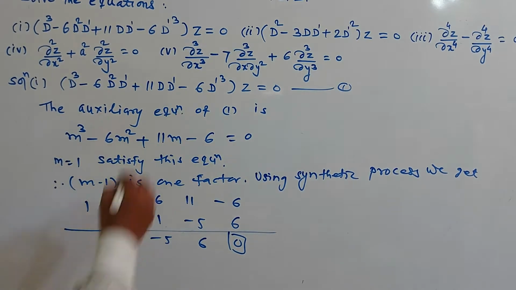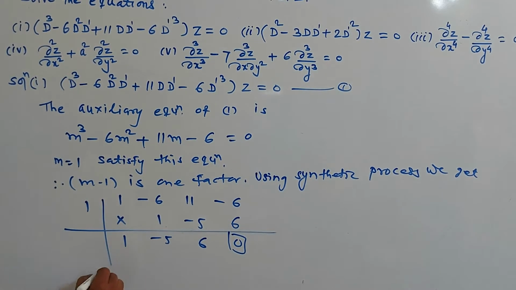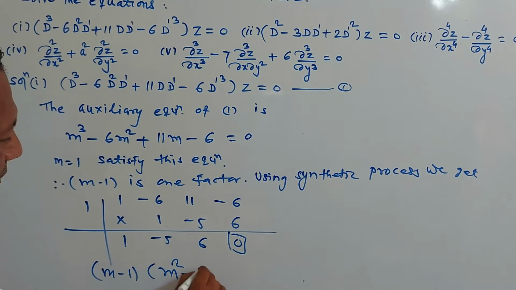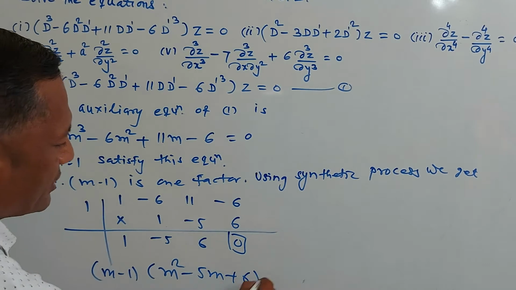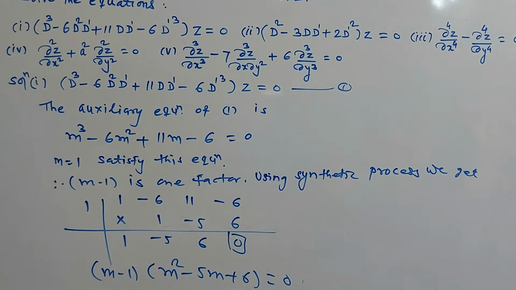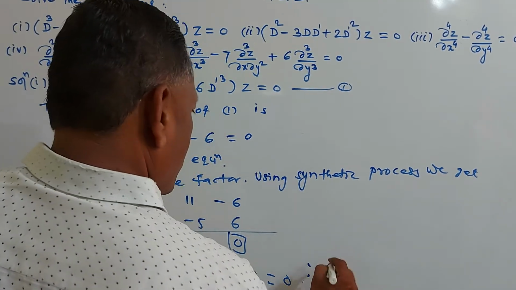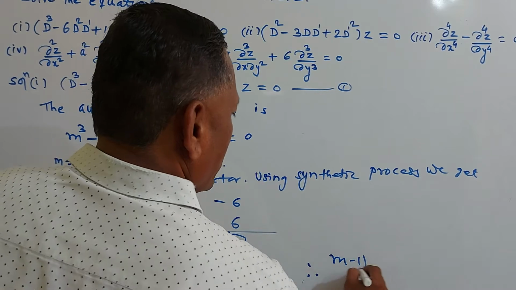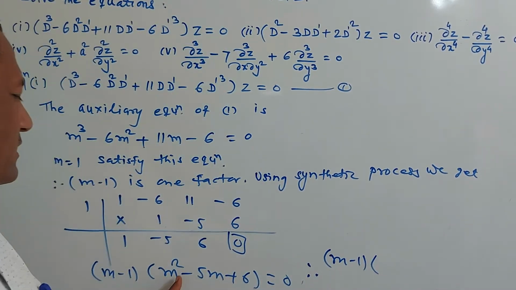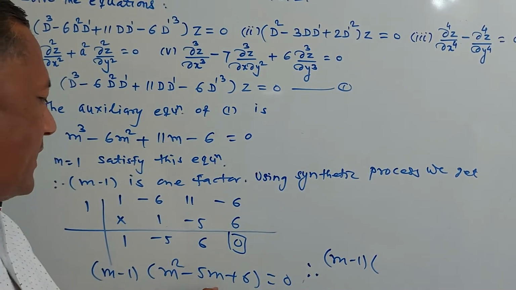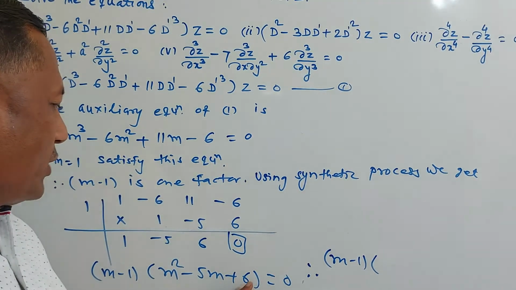Therefore your factors are m minus 1 and m square minus 5m plus 6 is equal to 0. So m square minus 5m plus 6 is equal to 0. What are the factors of m square minus 5m plus 6? 2 into 3 is 6.